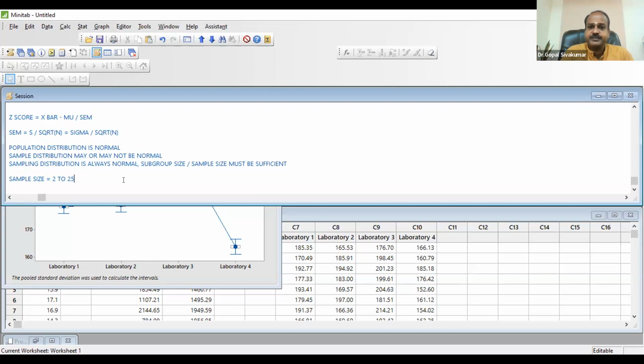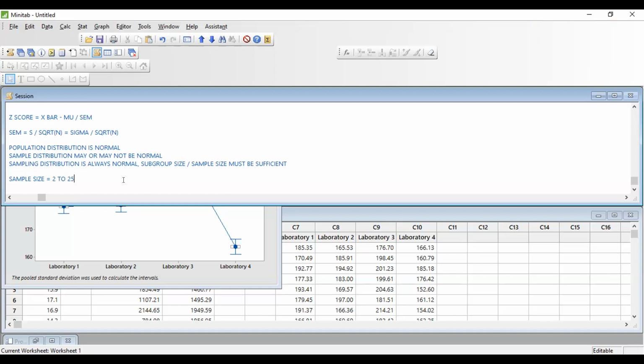Am I right? So your predictions cannot go wrong easily if you prefer to work with the sampling distribution. Whenever possible, prefer to work with the sampling distribution. Then you take decisions out of it. Then you make predictions out of it. That can help you much better than working with any other distribution.